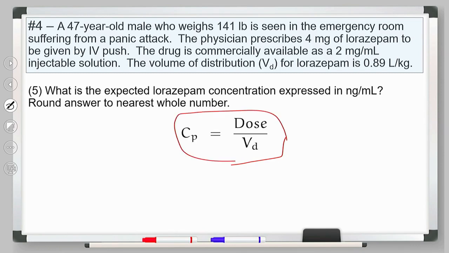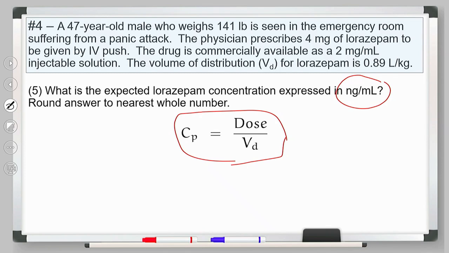On my test, I will give you this formula. You don't have to memorize the formula. It's all about units. You have to match your units, because here I want my concentration expressed in the units different drugs normally use. This is in, what does that N stand for? Nanograms. So we need it in nanograms per milliliter.